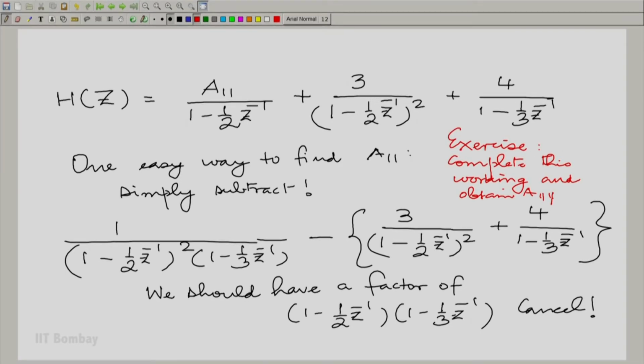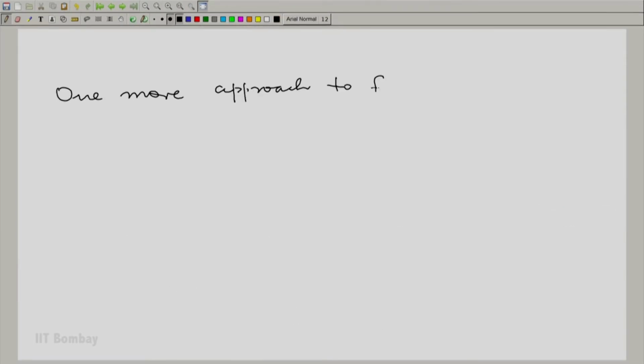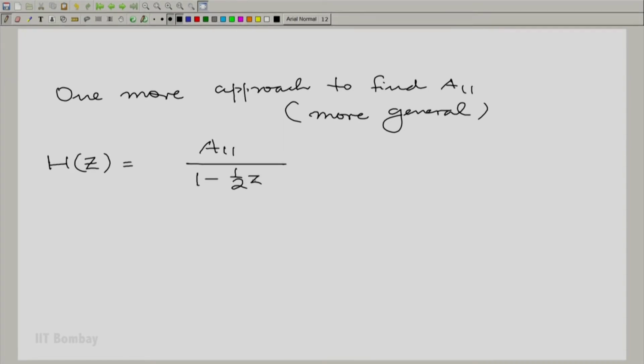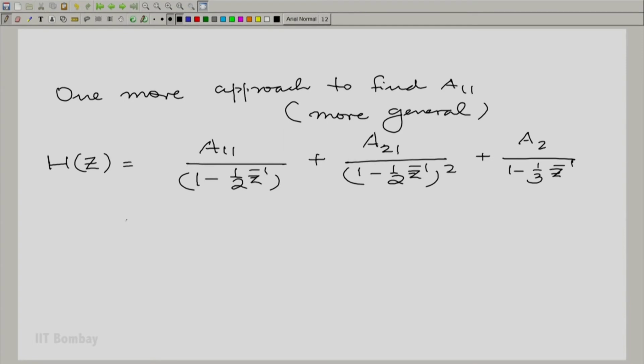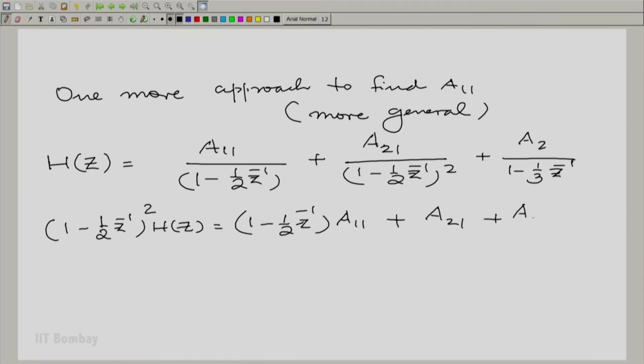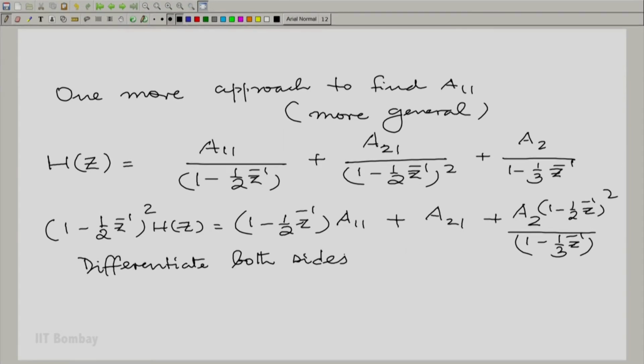Now, there is another way in which you can find A11. Let us explain that too, and this is more general. So, we have H of Z of this form. We can multiply both sides by (1 minus half Z inverse) squared. Now, we can differentiate both sides with respect to Z, or rather with respect to Z inverse.